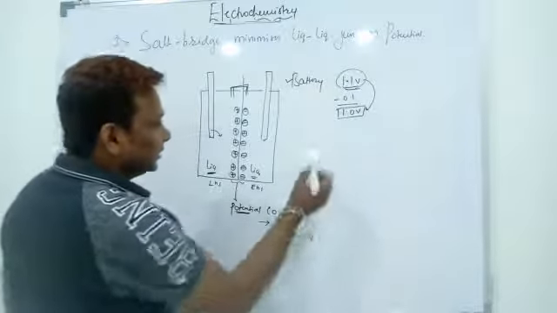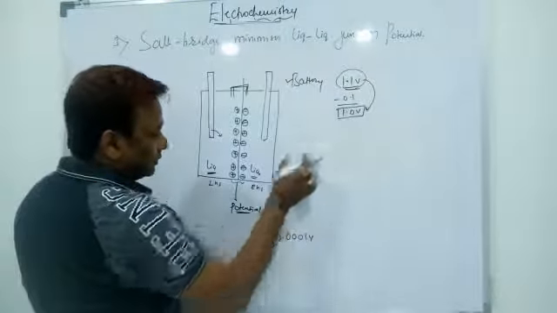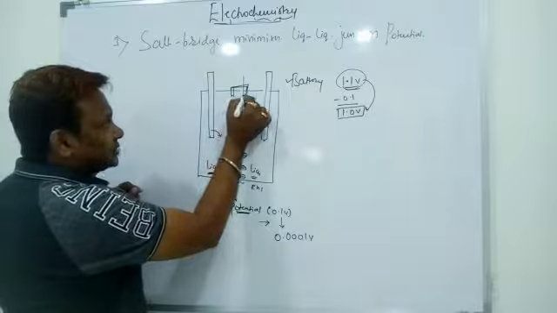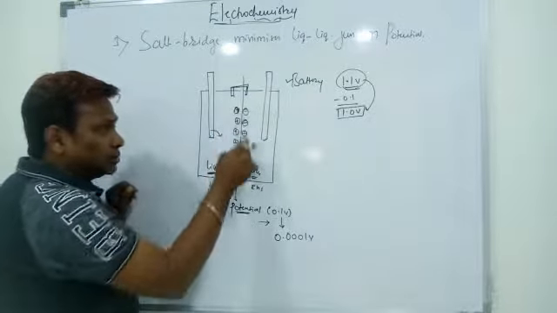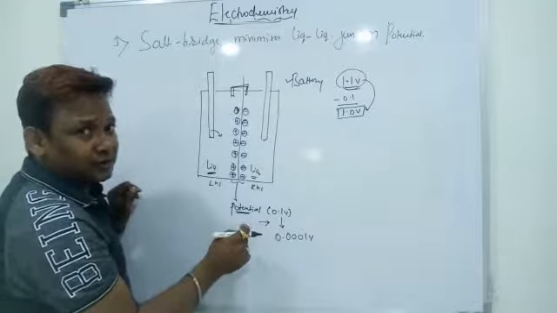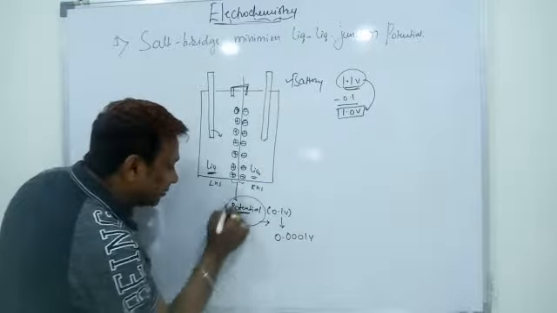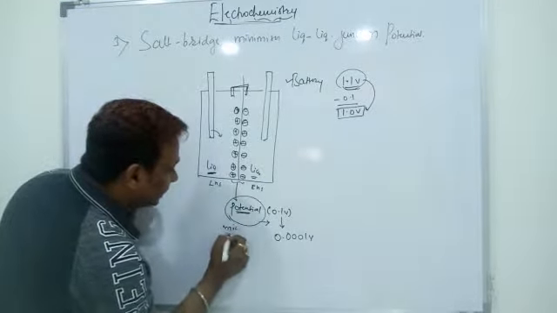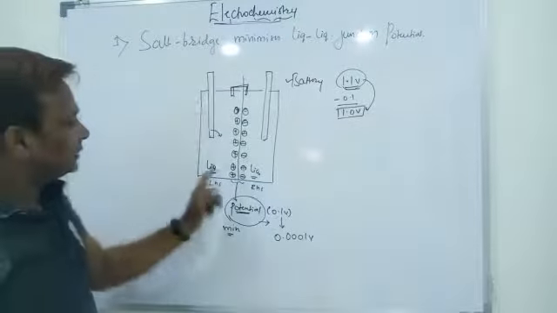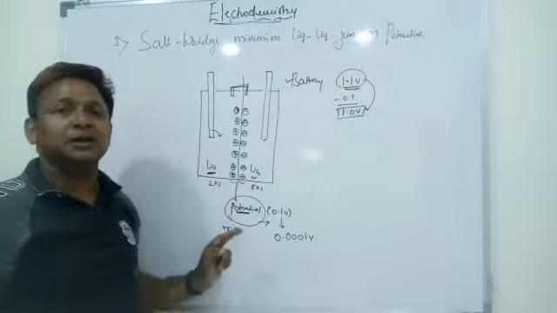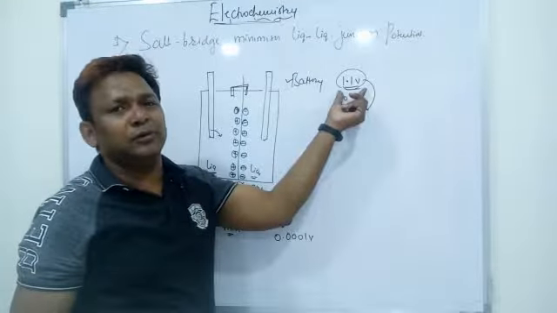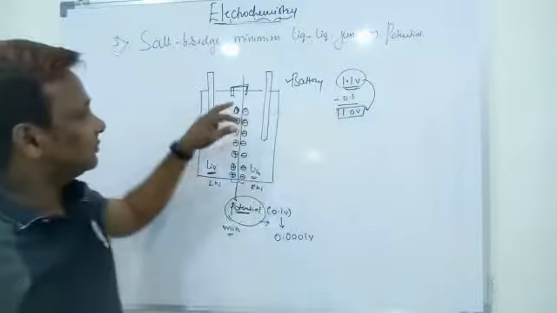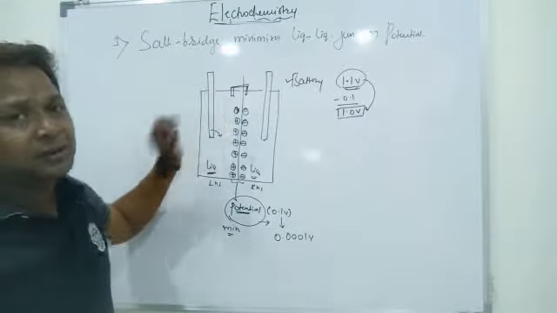That means with the help of this salt bridge, we can reduce the accumulation of positive and negative charge on either side, and minimize the liquid junction potential. Due to that, there will be a very small reduction in the potential of the battery. So this is a very important function of our salt bridge.